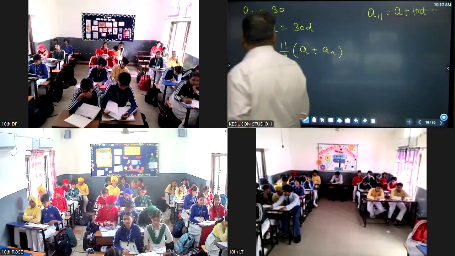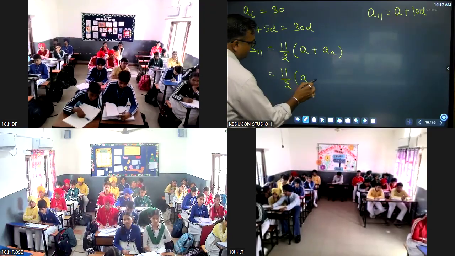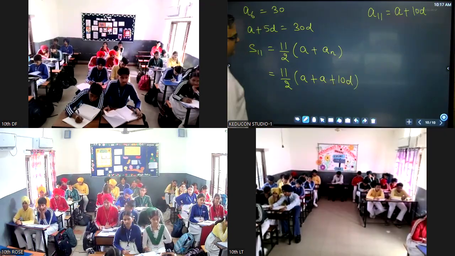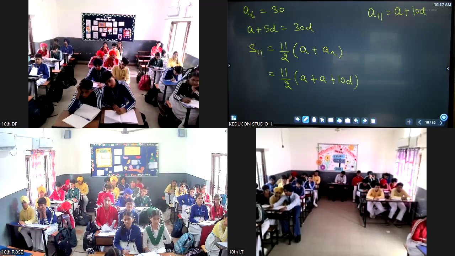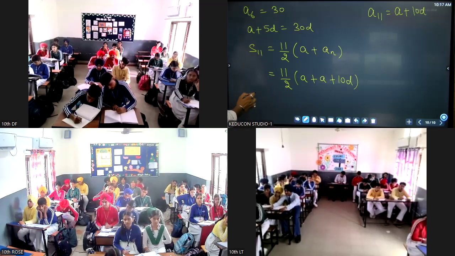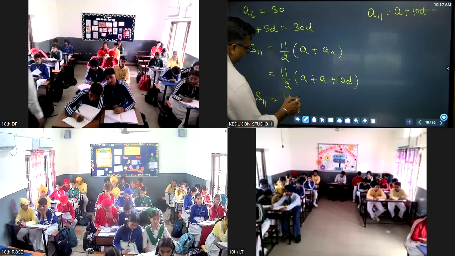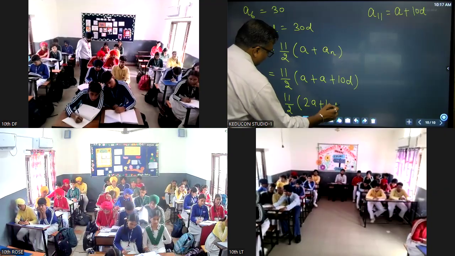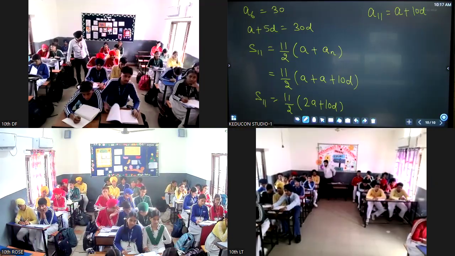So now what does it become? 11 by 2 into A plus A plus 10D. Children, any doubt till now? Any doubt? Let us solve this further. 11 by 2, 2A plus 10D. Is it clear? Is this clear or not?